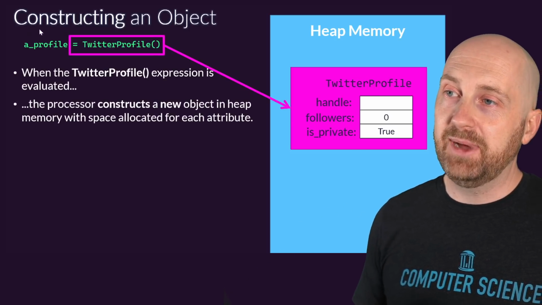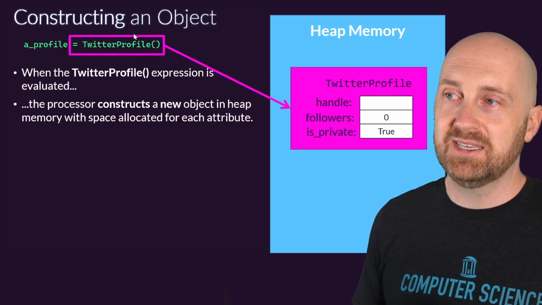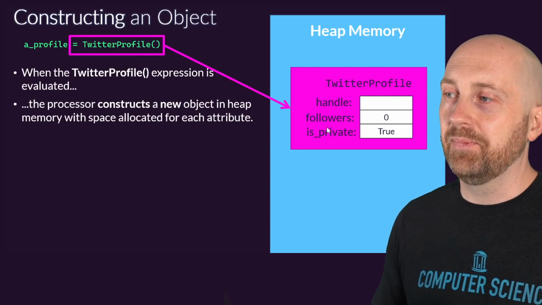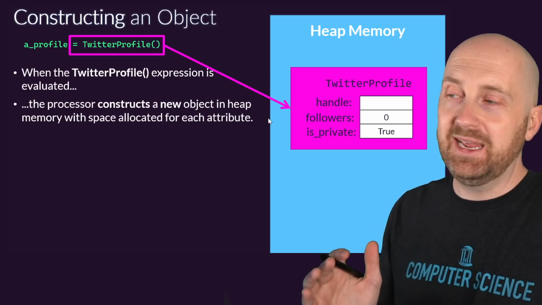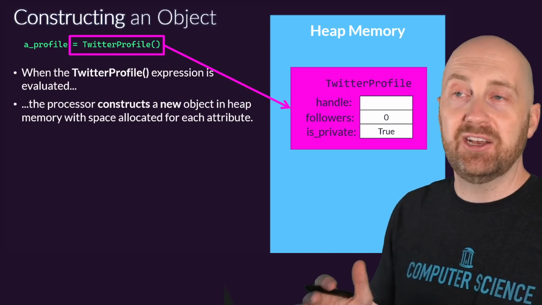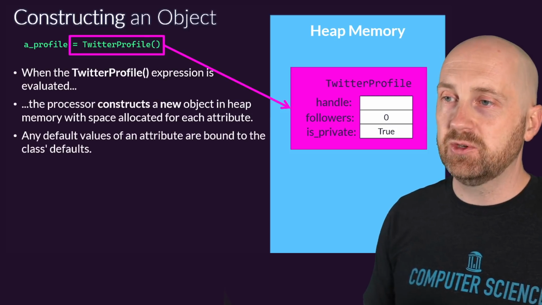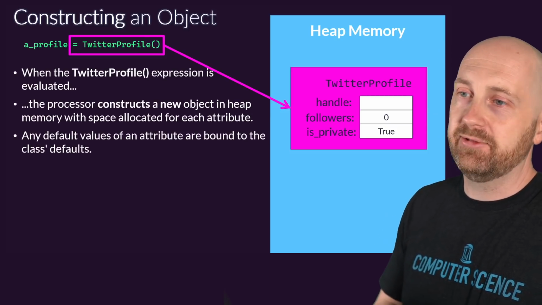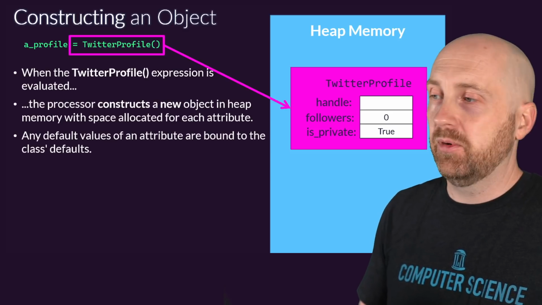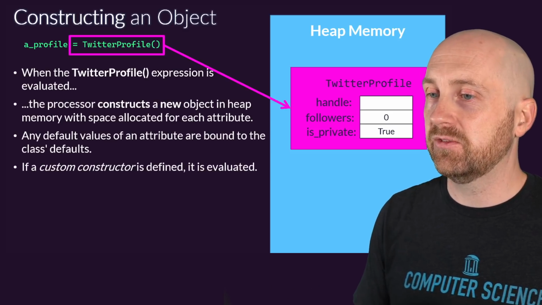We would imagine this code is running within a frame on the stack. In the heap, some space would be allocated to store each of the attributes that make up an object. And those attributes will initially be bound to whatever default values we set up with the class's attribute values.